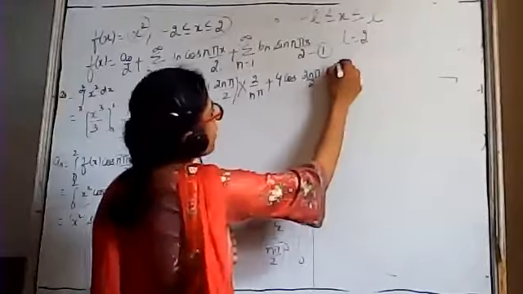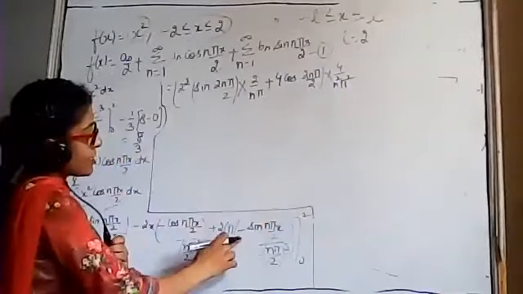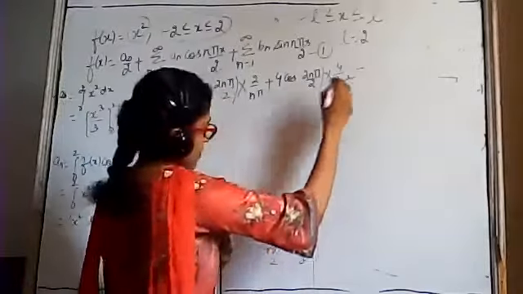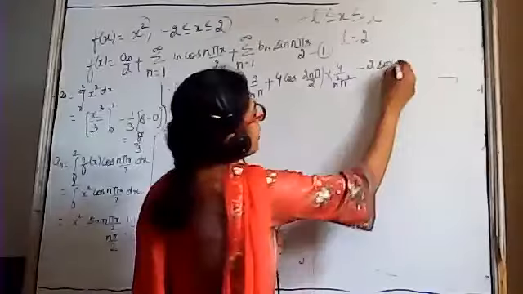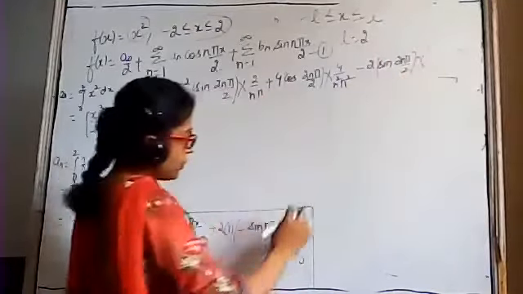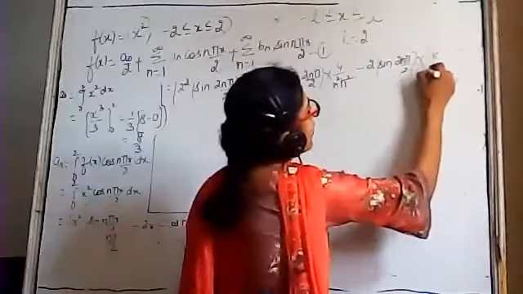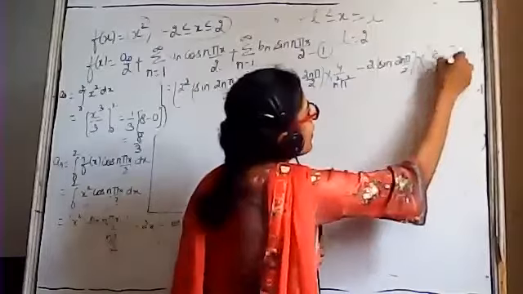It will be 4 upon n square pi square. Plus and minus will be minus 2 sine of 2n pi upon 2 into 8 upon n cube pi cube. So this is all about the upper limit.